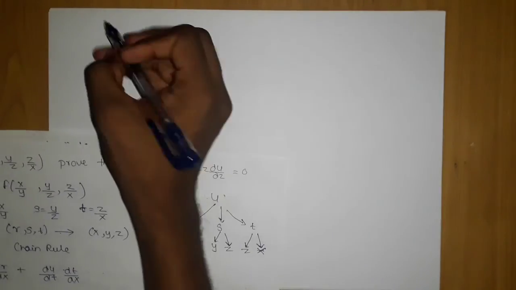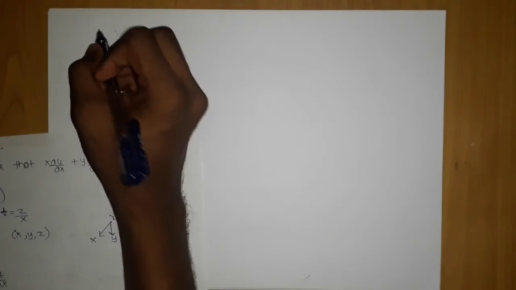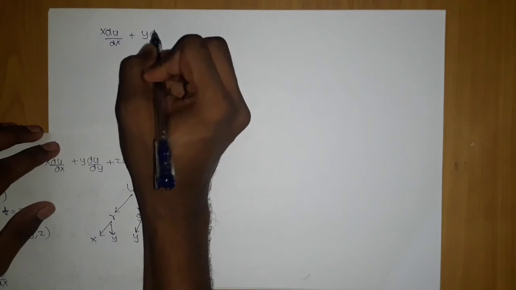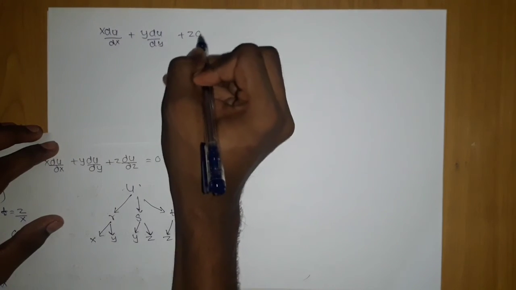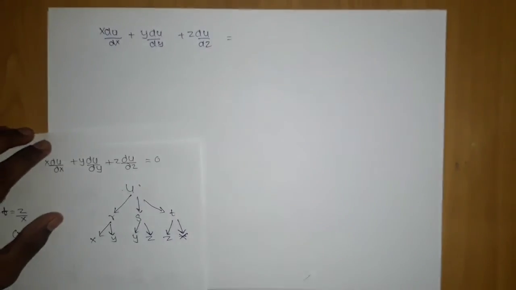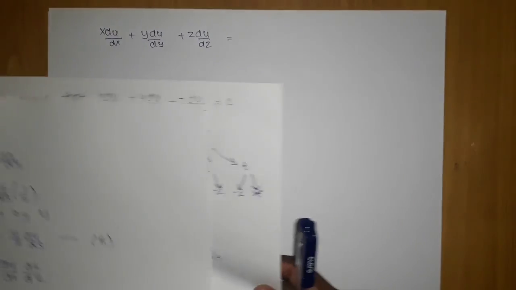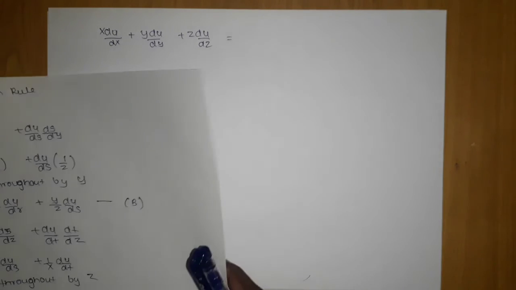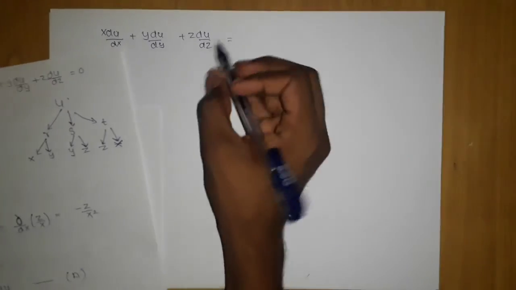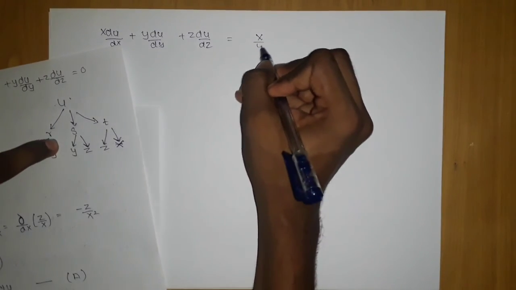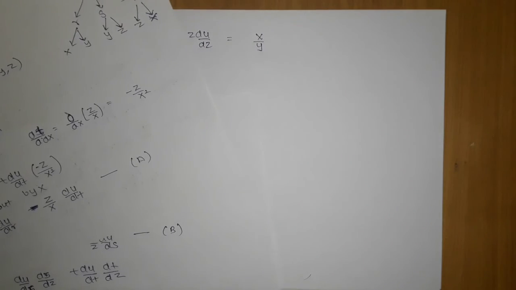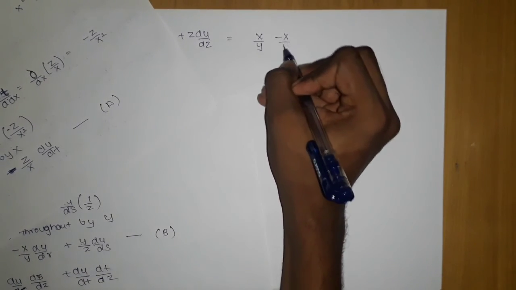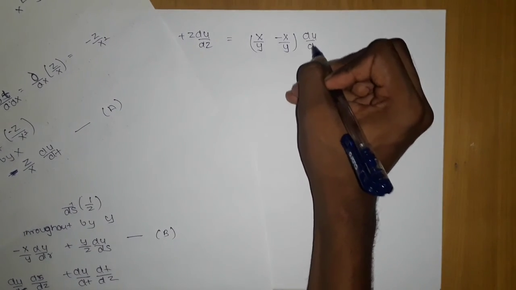Let me write the values. x ∂u/∂x plus y ∂u/∂y plus z ∂u/∂z will be equal to, first, x by y ∂u/∂r. Is there any term in C? In B there is one more, minus x by y ∂u/∂r.